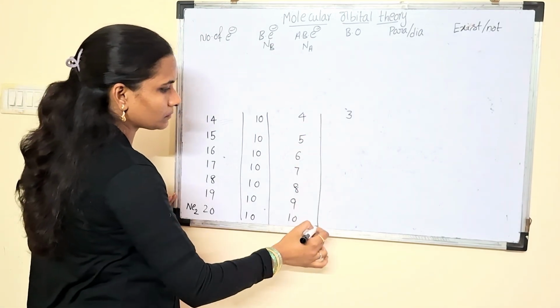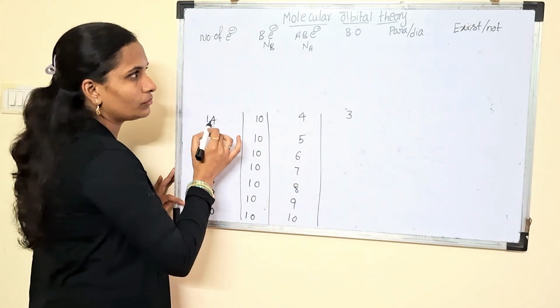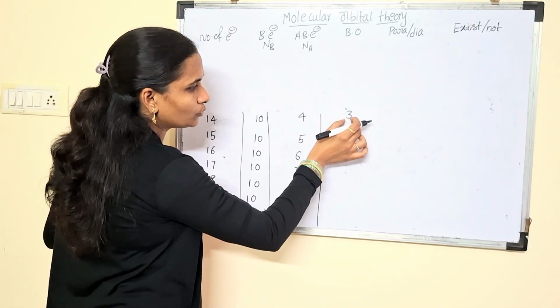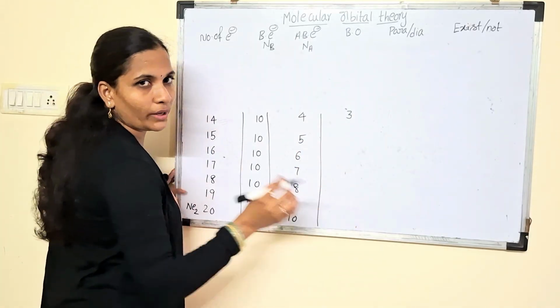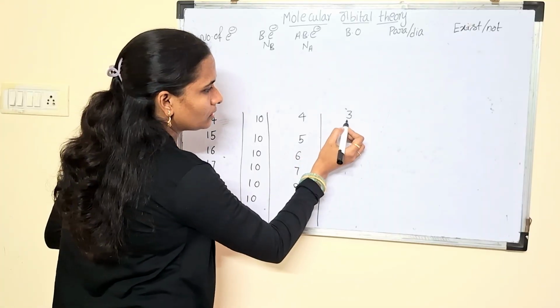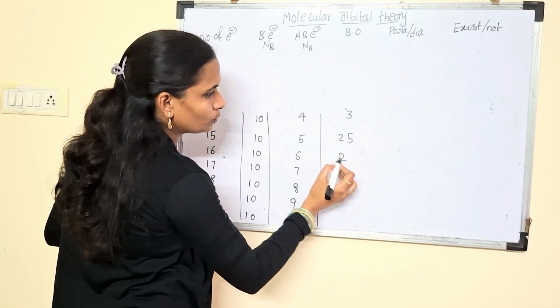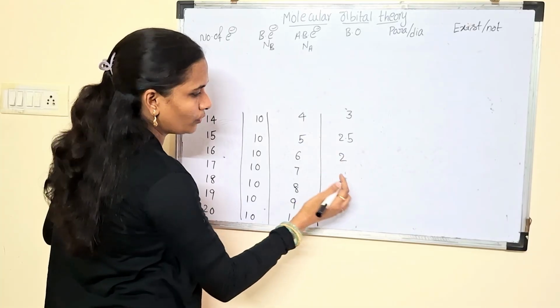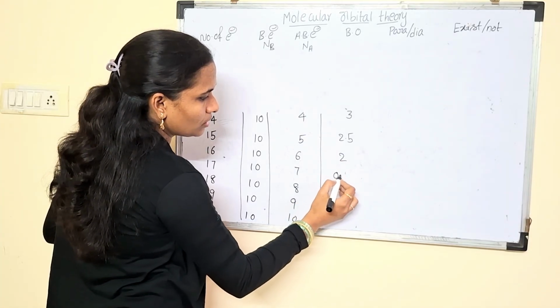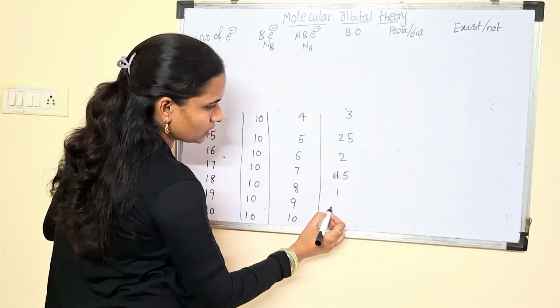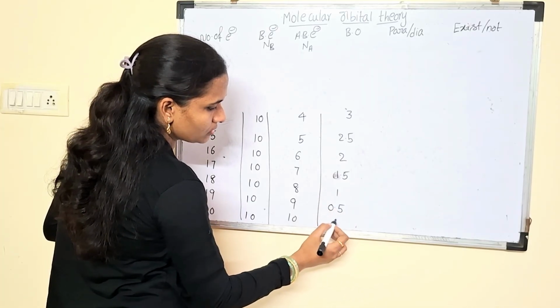After that, bond order. For 14 electrons, bond order is 3. Then for 15 electrons, you have to decrease by 0.5. Then this is 3, then this is 2.5, this is 2; we have to decrease 0.5 each time. Then this is 1.5, this is 1, this is 0.5, and this is 0.